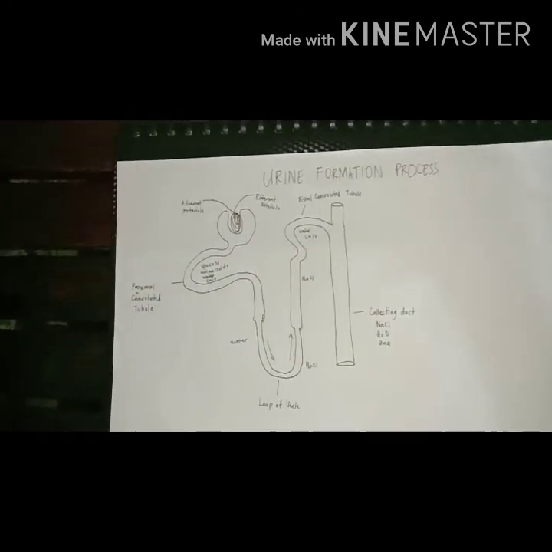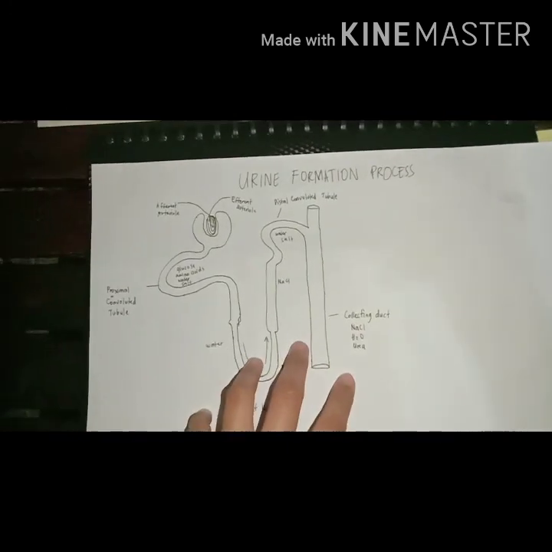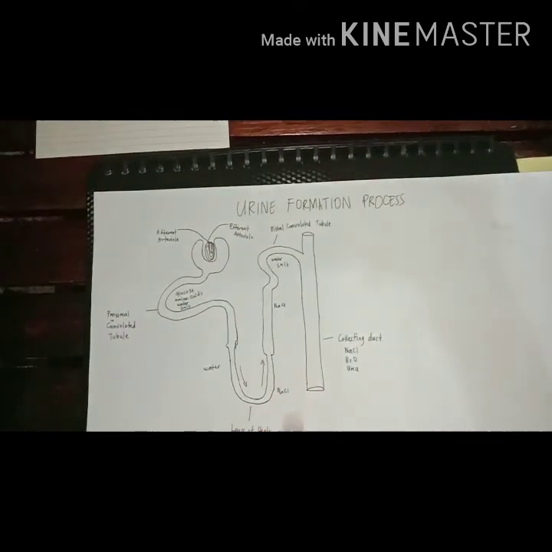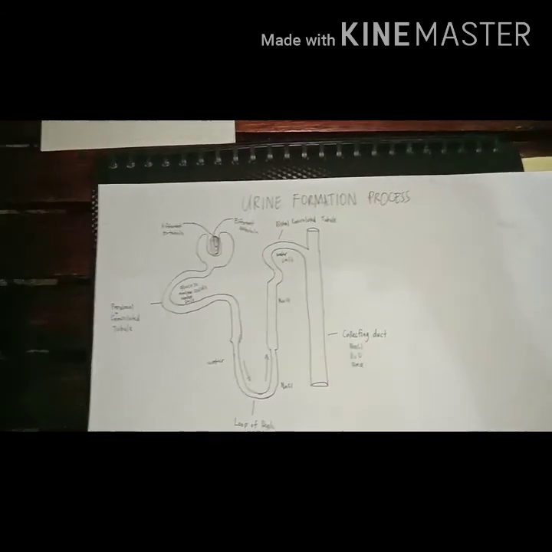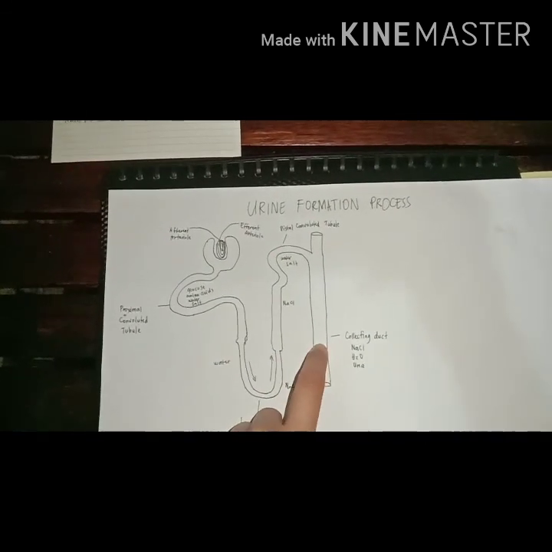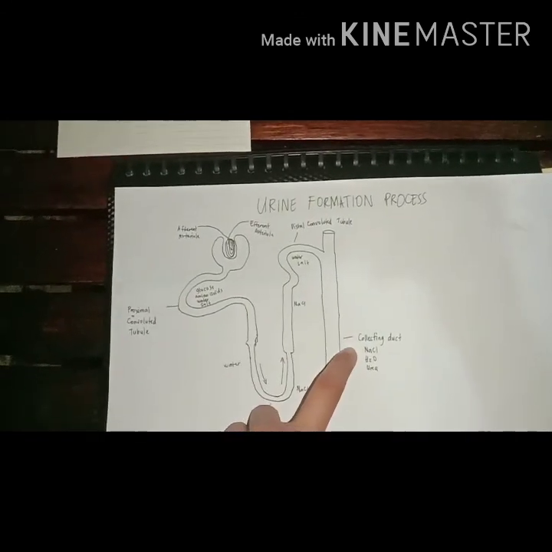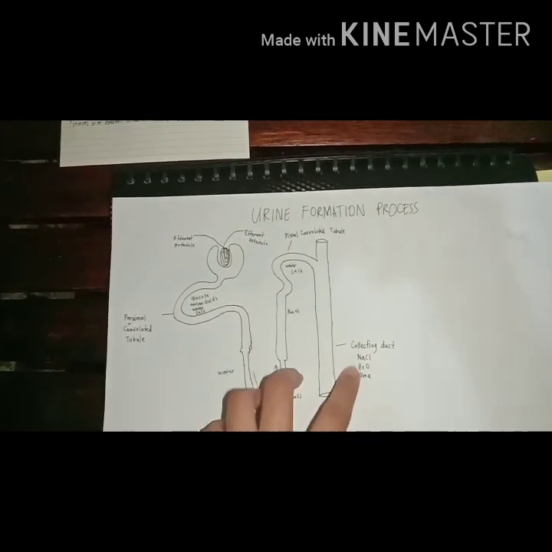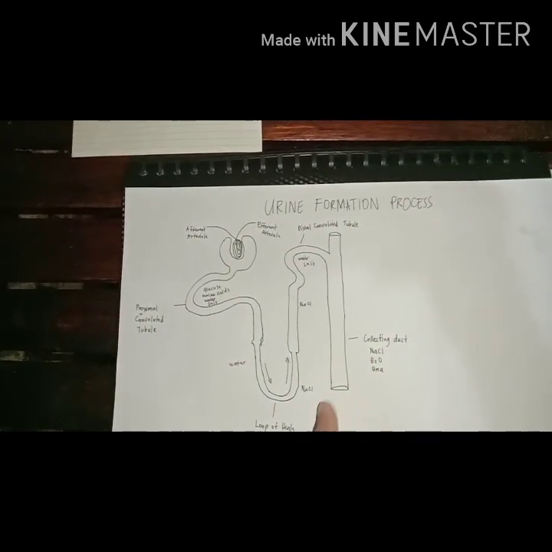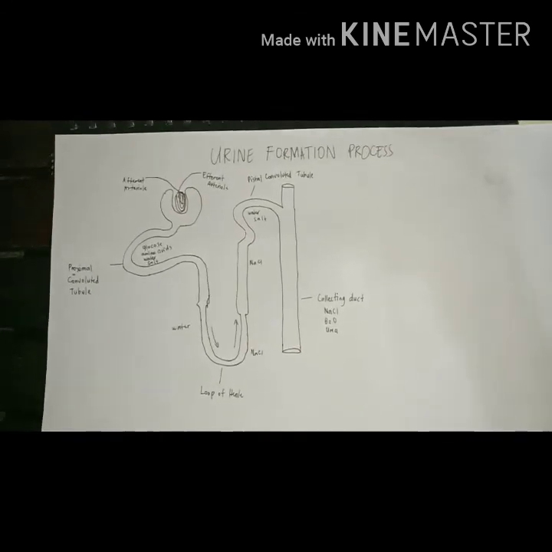The hydrogen ions and the potassium ions are a way of controlling the pH level. So here in the collecting duct, the urine is formed because it is made up of sodium chloride or salt, water, and urea. So that is how the urine is formed in the nephron.